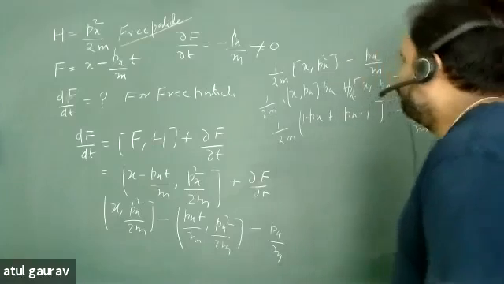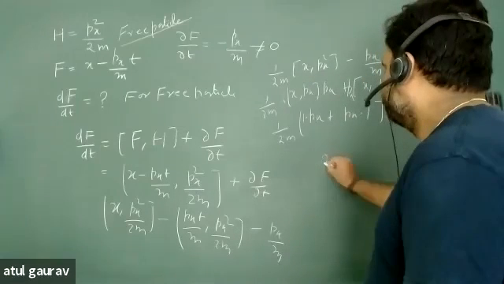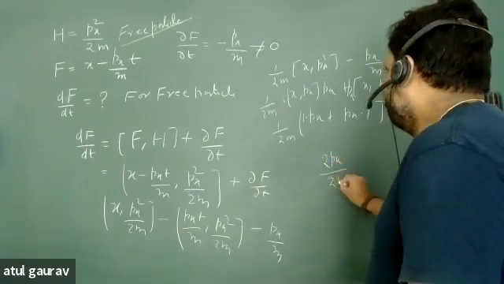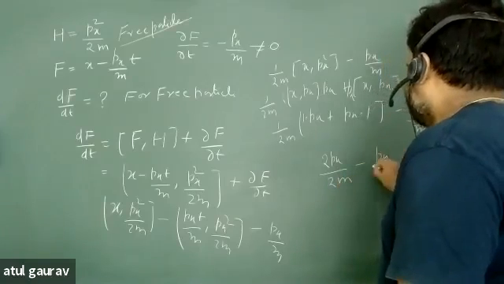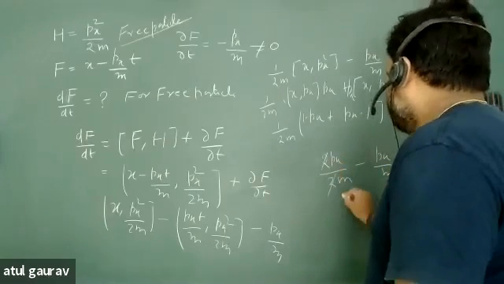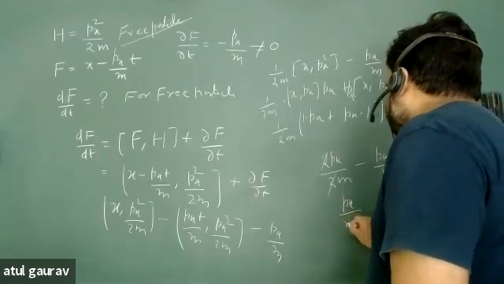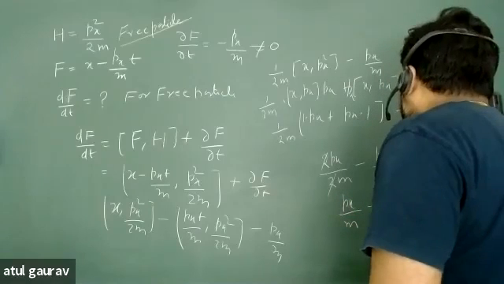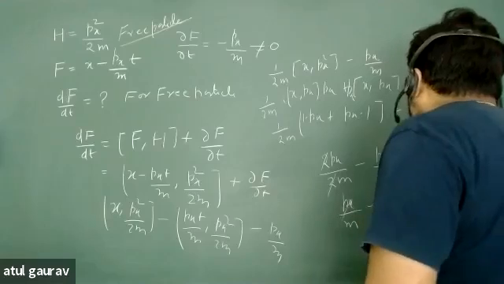And what is the beautiful part? That beautiful part is 2px/2m minus px/m, and this 2 and 2 cancel. What we have is px/m minus px/m, and this is equal to 0.